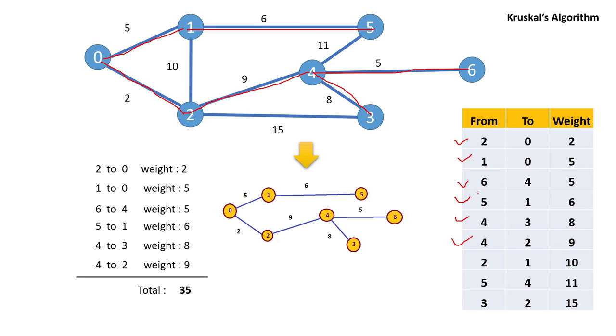Suppose after this I have chosen this one, like this one is coming in my list, 4 to 5. If I add 4 to 5, it is forming a loop here. At that time we have to discard that thing. We can't add that one. So before adding any edge to this result, I have to check whether it is forming a loop or not. How to detect that and how to solve the whole problem, we will see next.